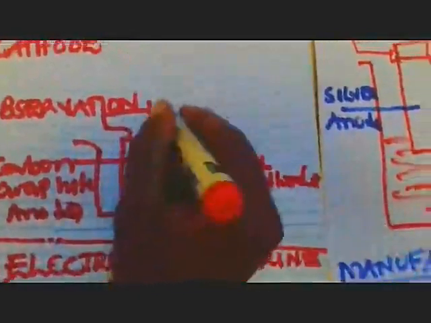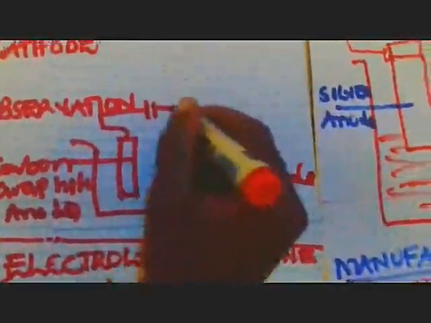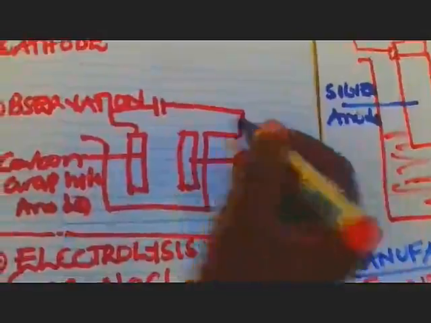Then we connect our circuit like that. Remember, this is our anode, and this one is our cathode. This is what we want to look at. Then this one is shorter. We said negative terminal goes to negative terminal, then the positive terminal goes to positive terminal.